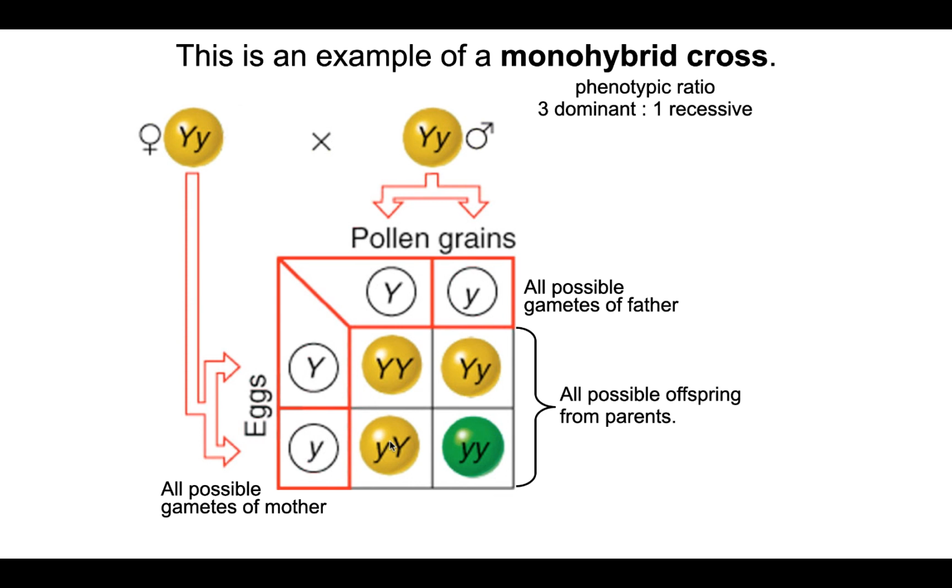Now, the numerator is going to be what fits your search criteria. You're searching for the dominant phenotype, yellow, so that is 1, 2, 3. So the answer to what is the probability of generating a yellow offspring with this cross is 3 out of 4, or 3/4. Please, when you're answering these questions, do not do percentages. Please do not do decimals. Make sure you keep them in the fraction form.